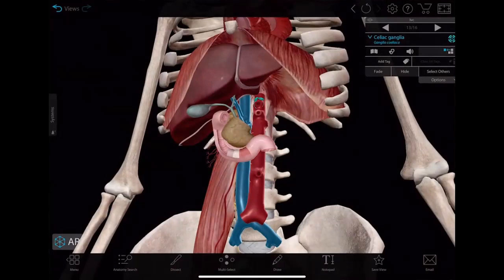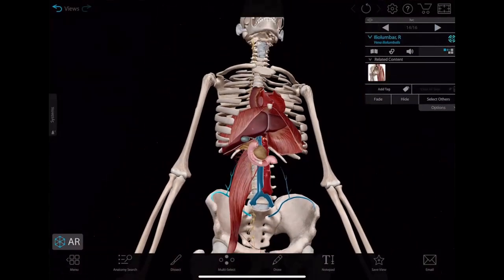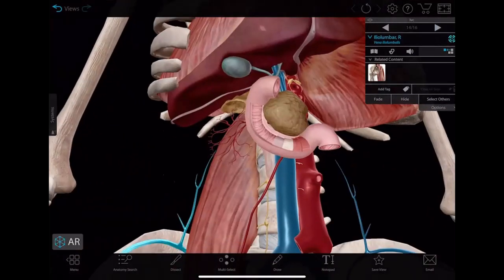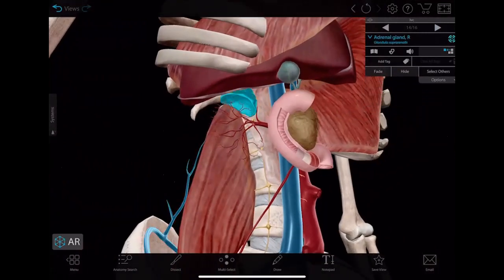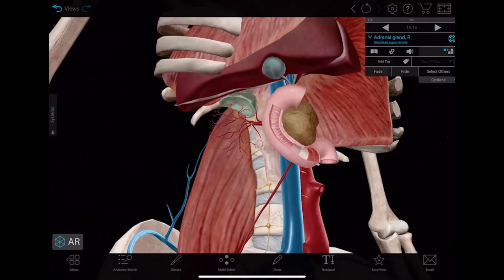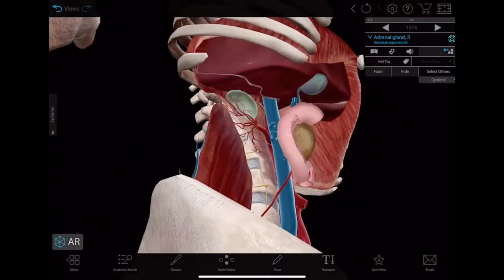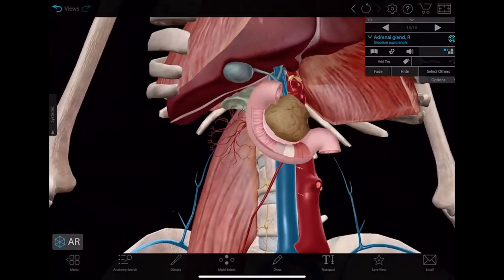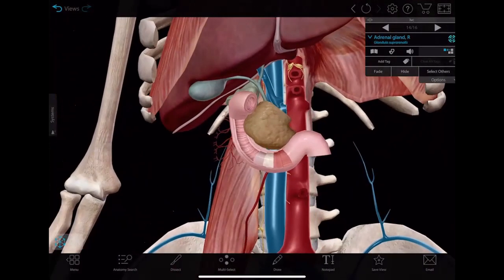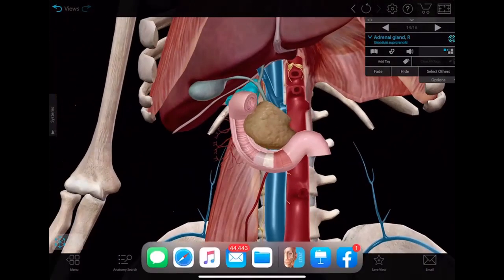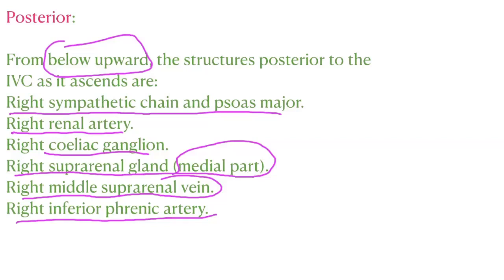You see the suprarenal gland here, above the kidney. Visualize the kidney, suprarenal gland, suprarenal vein, and inferior phrenic artery. Those are the posteriorly related structures of the IVC.